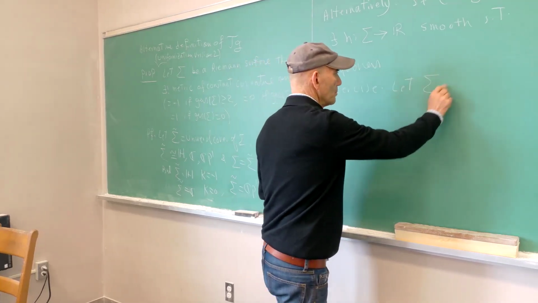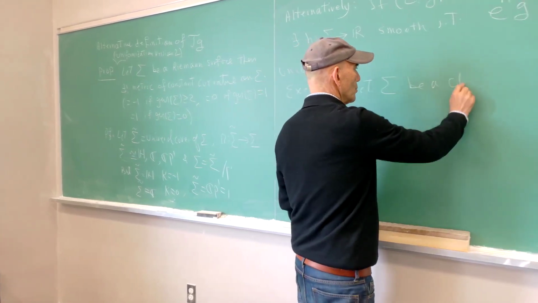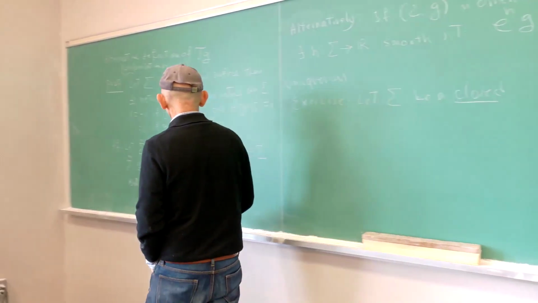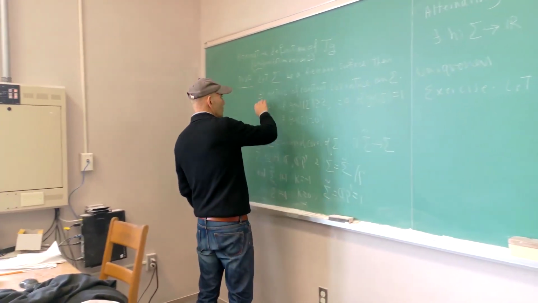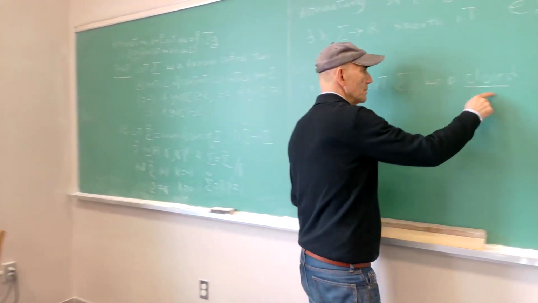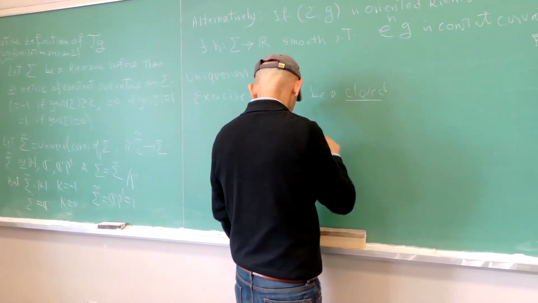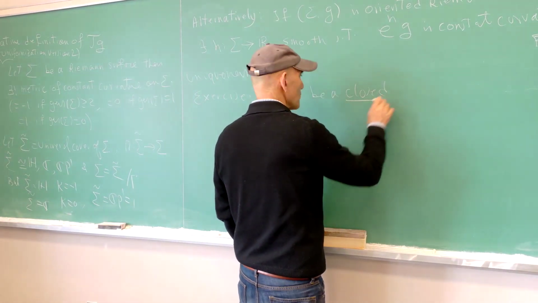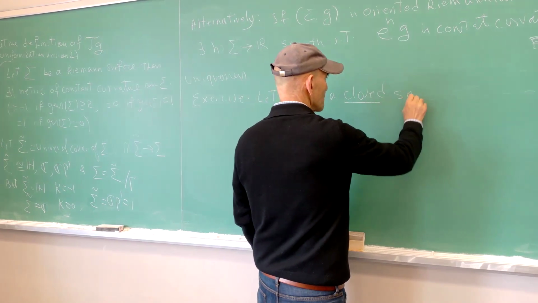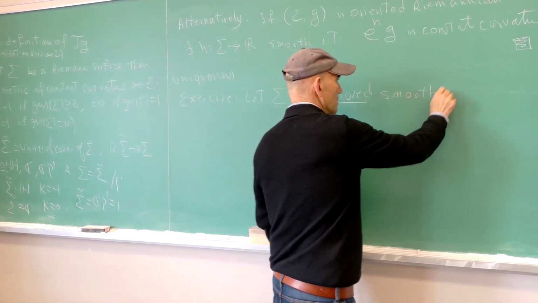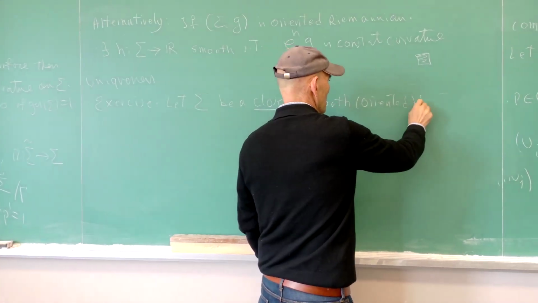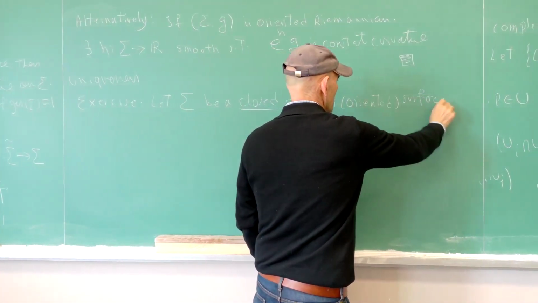Let sigma be a closed, here closedness is important, smooth, oriented surface.